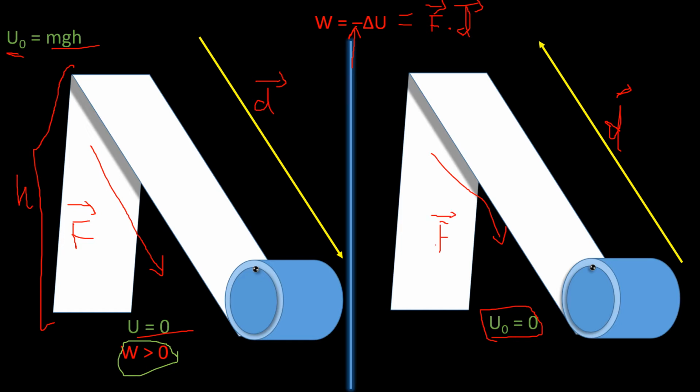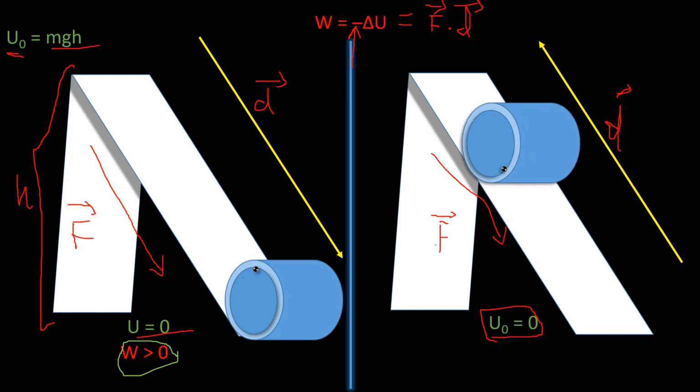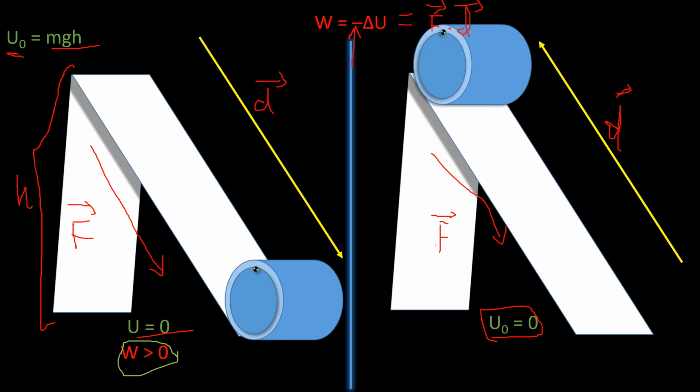Sorry, work done is negative, and we can say work is done on the cylinder and its potential energy increases therefore. Final energy is mgh, initial is 0. Now again find delta U, final minus initial, mgh minus 0, that is mgh. So when work done is negative, change in potential energy is positive. And when work done is positive, change in potential energy is negative, and this is vice versa.